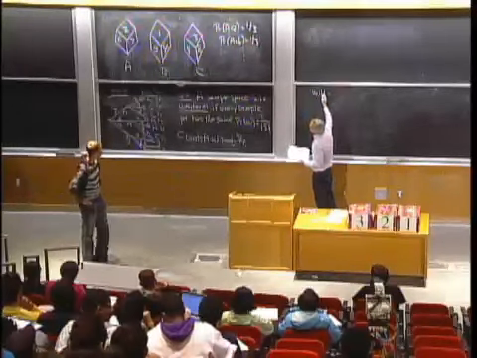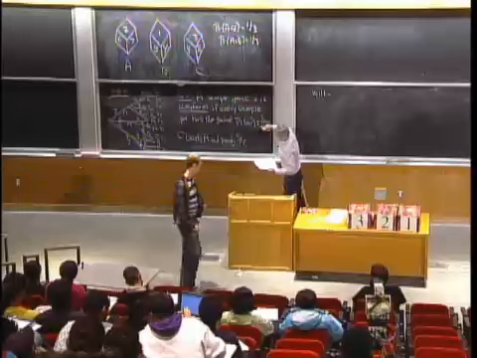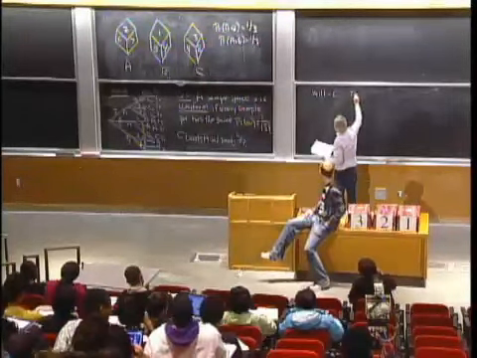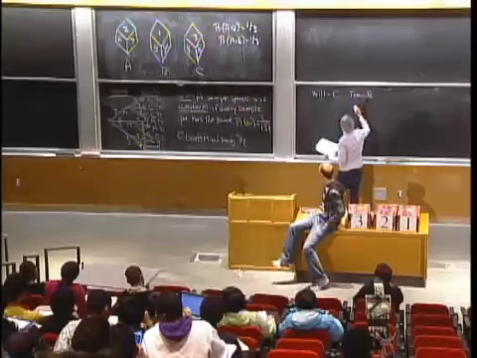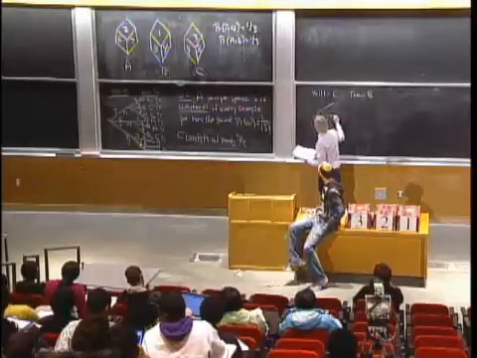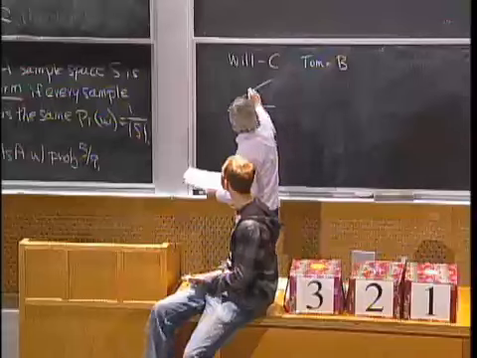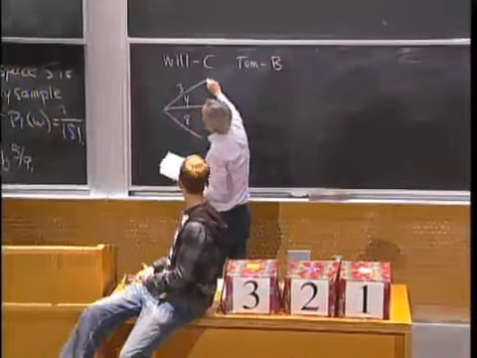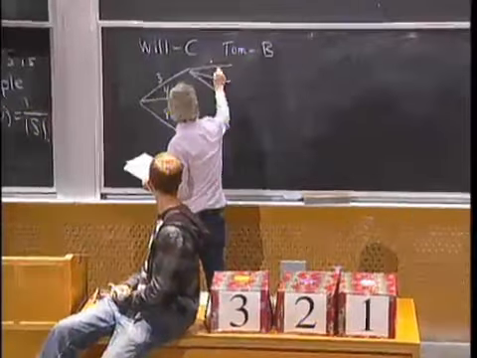So say Will picked C, and say that then I pick B. On C there's 3 choices, 3, 4, and 8. And then on my choice of B, there's 1, 5, and 9.